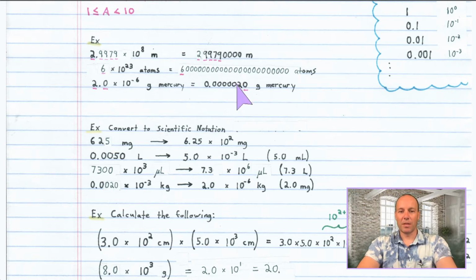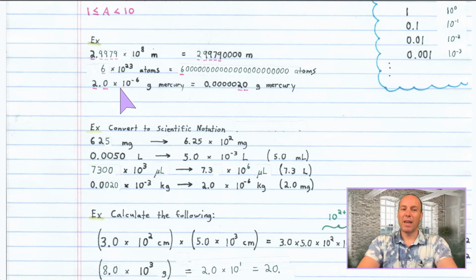Now, let's do this one down here, the mass of mercury. Let's start with scientific notation and convert it to normal form. So 2.0 times 10 to the minus 6. Now this is a negative power of 10, so we're going to have to do it the other way.